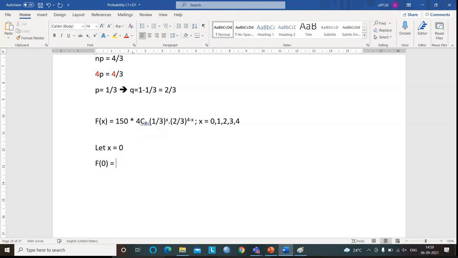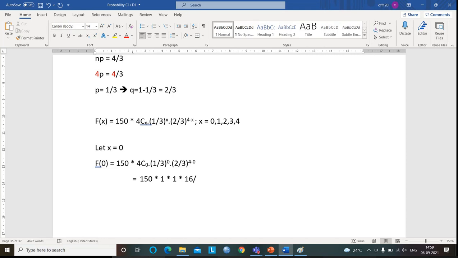F of 0 is equal to, simply substituting the x value as 0 in this particular expression, 150 into 4C0 into 1 by 3 to the power of 0 into 2 by 3 to the power of 4 minus 0. 4 minus 0, then that implies what? 150 into 4C0 means how much? 4C0 is 1 into 1 by 3 to the power of 0. Something power 0 is nothing but 1, into 2 by 3 to the power of 4. 2 power 4 means how much? 2 2s are 4, 4 2s are 8, 8 2s are 16.